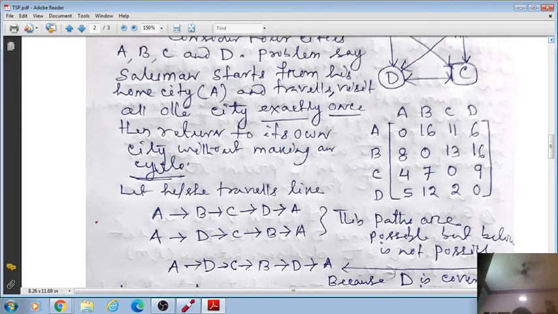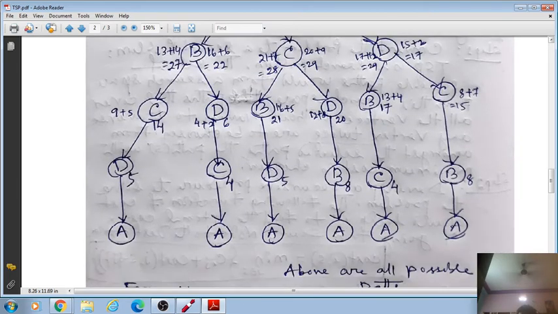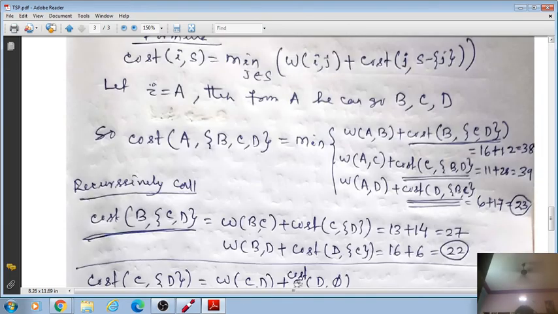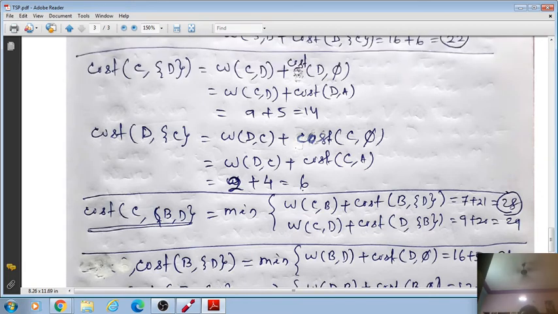The value of D to A is 5. So I have taken 5. Are you understanding now? So D to A is 5. So it is 14. Clear now?